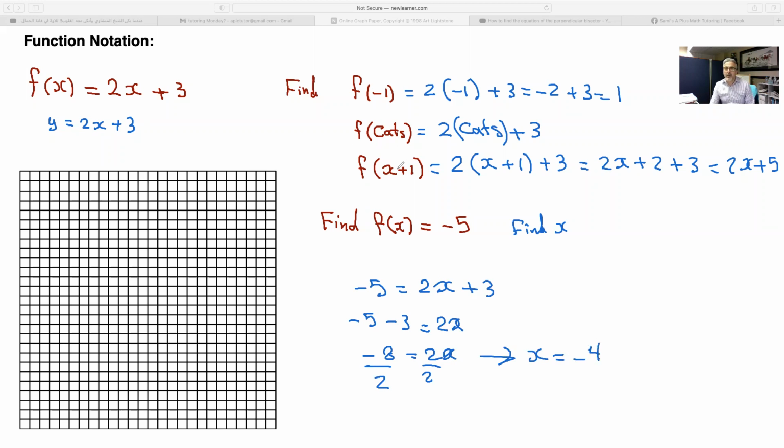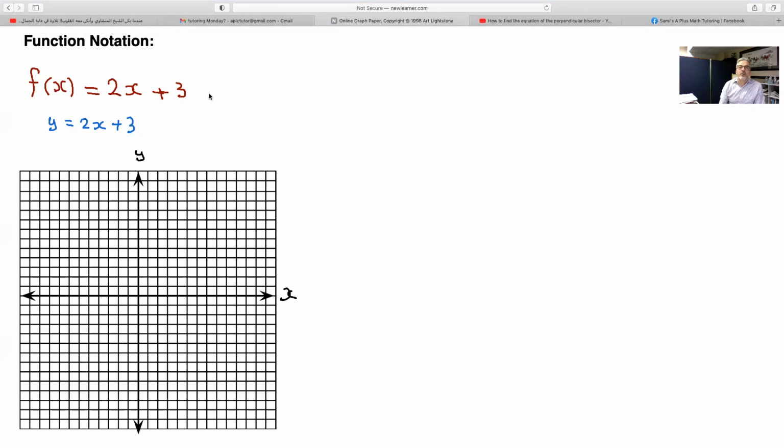So this is basically what function notation is. So what I'm going to do, I'm going to graph this and show you how you could solve from the graph instead of the equation. So to graph this, we have to know that this is y equals mx plus b. So b is 3. And the slope m is 2/1. So therefore, I go to my y-intercept.